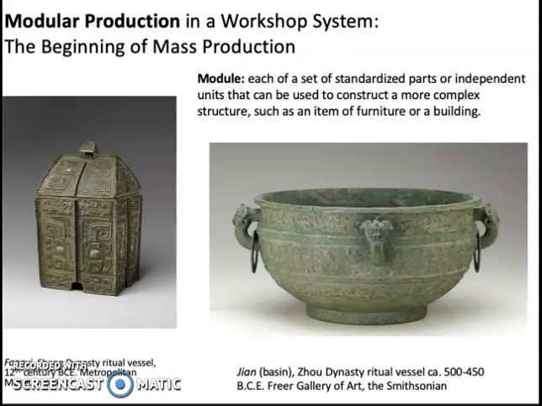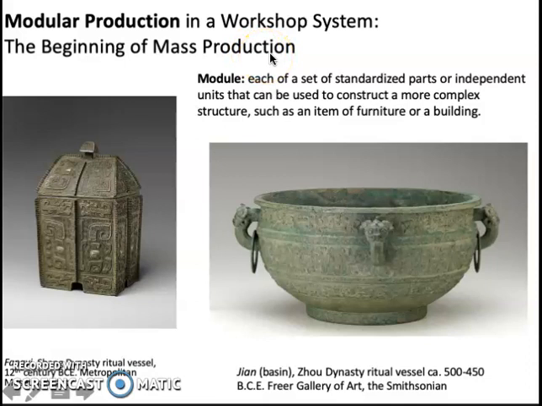But what I want you to understand is in that shift from the Shang dynasty to the Zhou dynasty, the bronze making system, the bronze production system, really came to emphasize modular production in a workshop system. And we could call this the beginning of mass production.